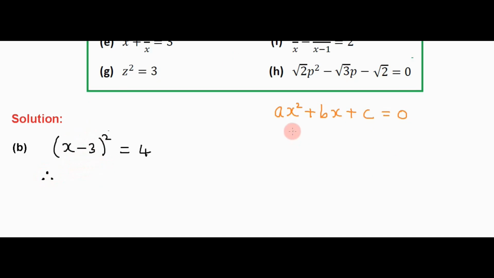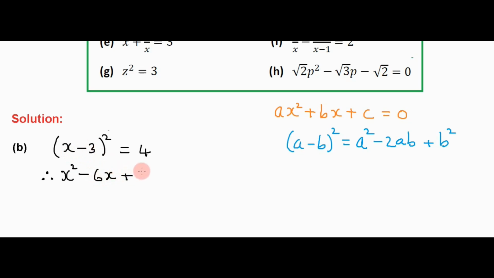Now, just remember that a minus b all squared is a squared minus twice ab plus b squared. So applying this expansion to the left-hand side, it's x squared, then this sign, then x times 3 times 2, which is 6x, and then plus 3 squared, which is 9.